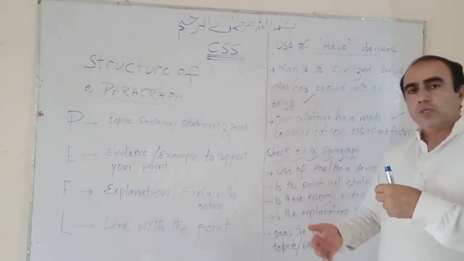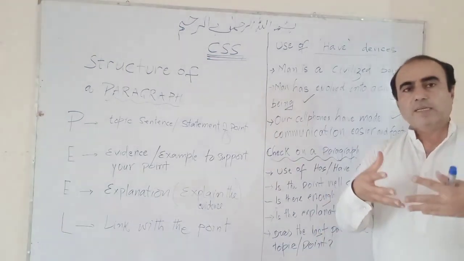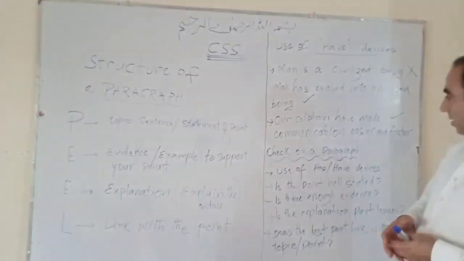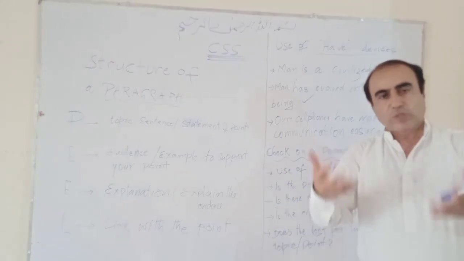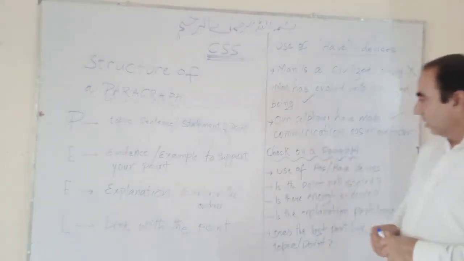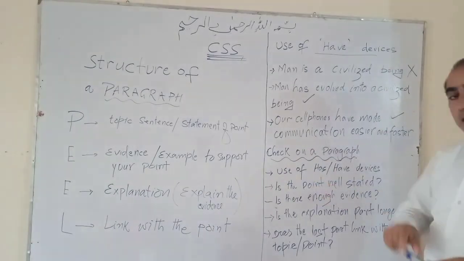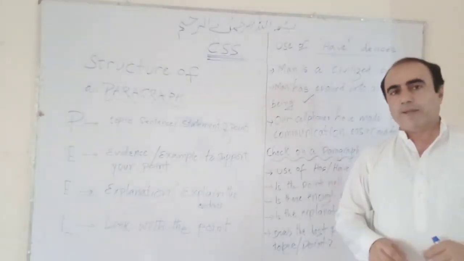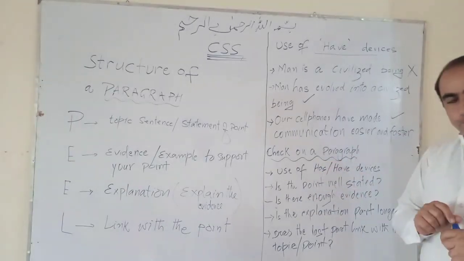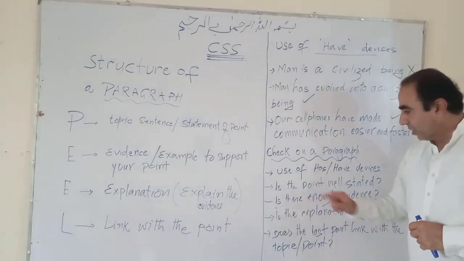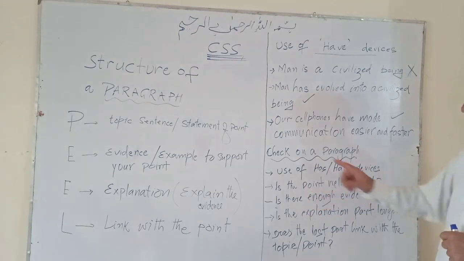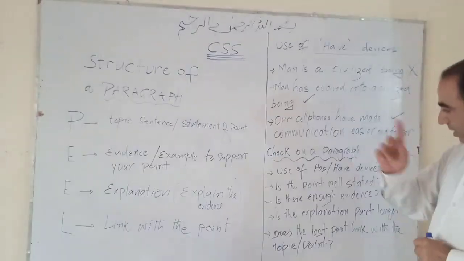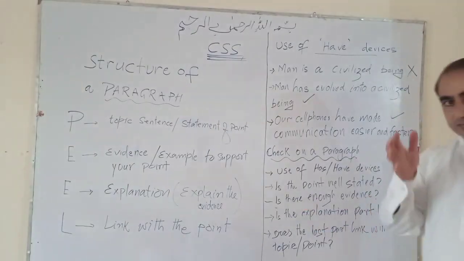Similarly, to recap, there are certain checks. You can check your writing, your paragraph. You can ask yourself many questions. One question could be the use of has, have. Ask yourself, have I used has or have in my paragraph? Then ask yourself, is the point well stated? Was the topic sentence properly built or not? Is there enough evidence?